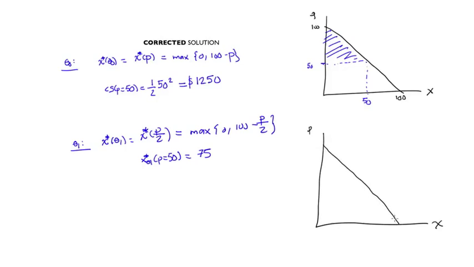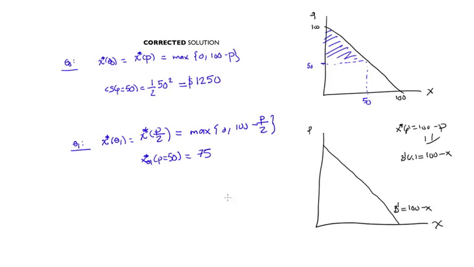So we know that this curve, which has equation 100 minus P, is also the marginal benefit when we look at it from this case. So we know that x star of P equals 100 minus P also implies that the marginal benefit function, P prime of x, is equal to 100 minus x. So we know that this curve is 100 minus x.